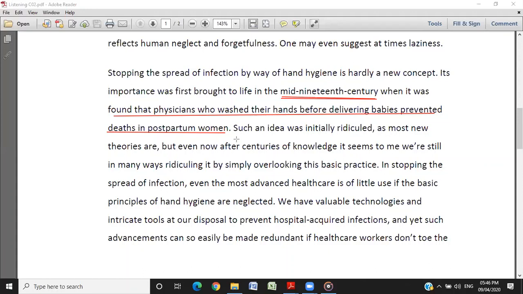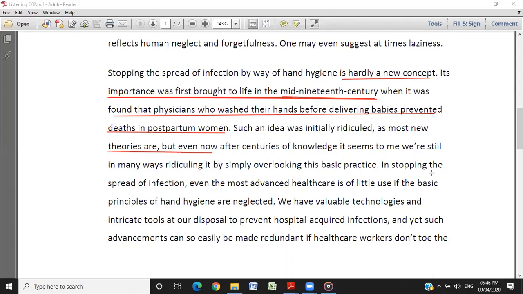No, right from the beginning she said that it was neglected, okay, but it is acknowledged. We knew that it is helpful, yes, because here she said that it is hardly a new concept. So it is not a new concept, and its importance was brought to attention even in the mid 19th century.